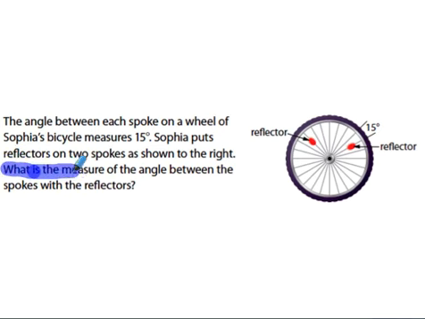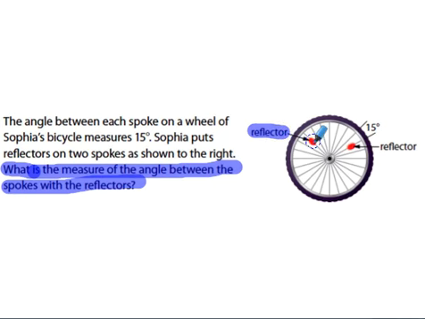What is my goal for this problem? Well, that would be to answer this question right here. What is the measure of the angle between the spokes with the reflectors? It says right here, reflectors, these are the reflectors.